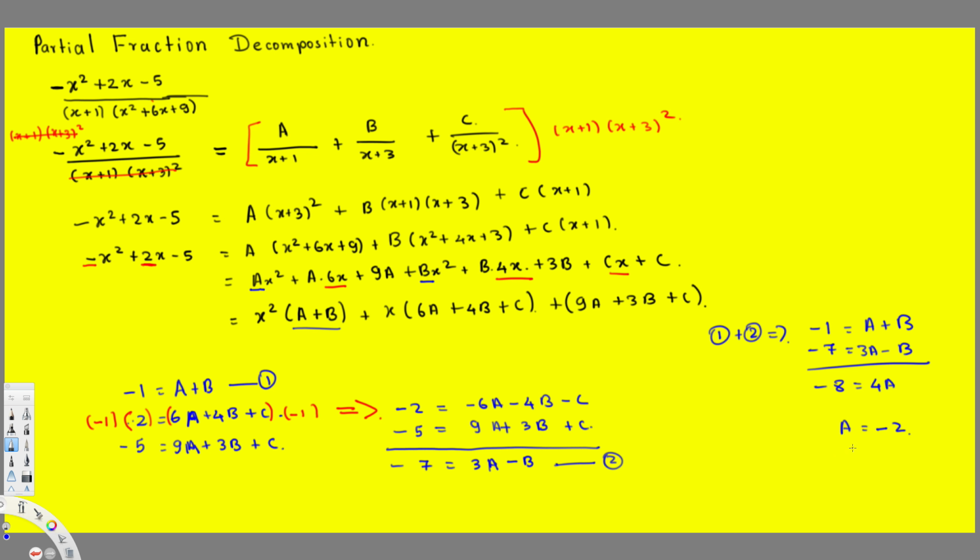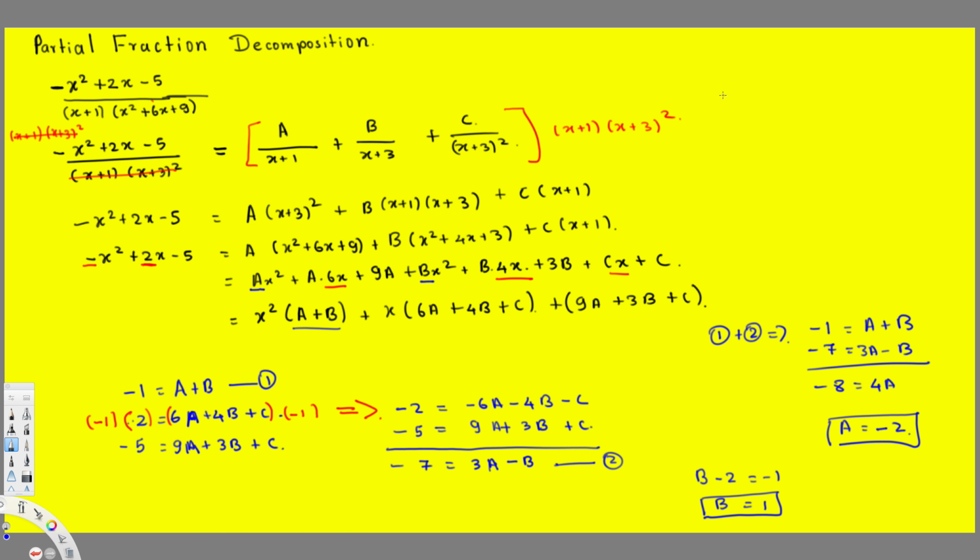So now we have a. All I have to do is simply plug this into an equation and find the other values. If we plug this into the first equation, this is going to be b minus 2 is equal to minus 1. Therefore b is equal to 1. So we have the b value and the a value, and we have to find the c value. Let's plug into the third equation.